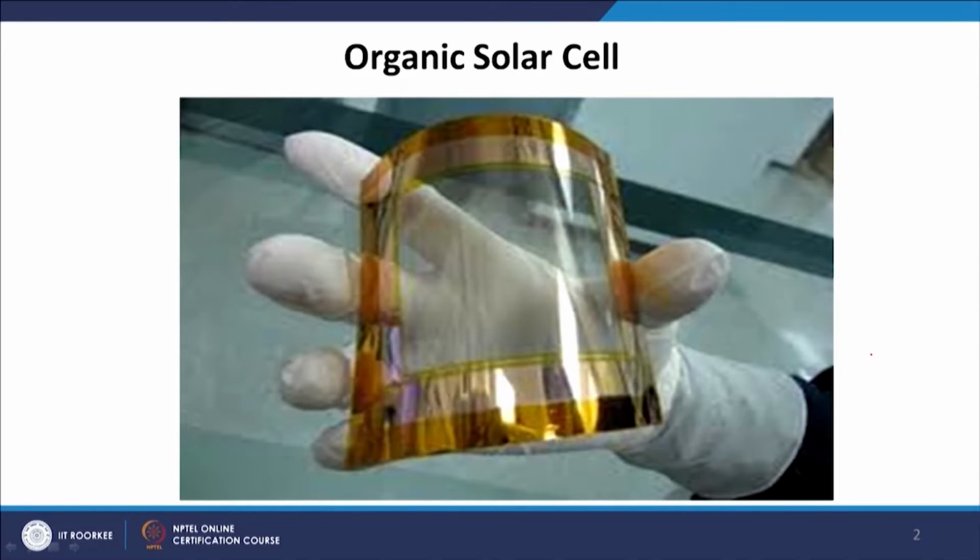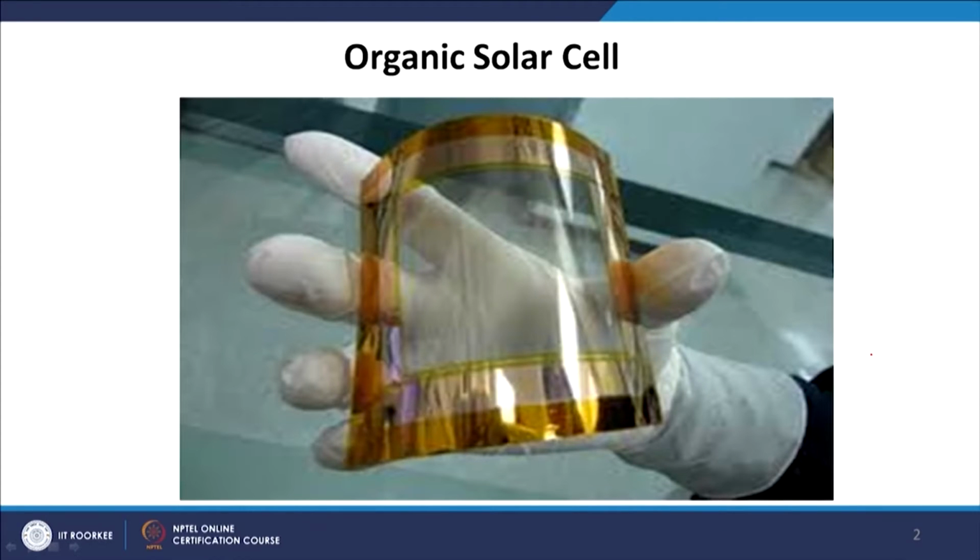As you can see from this picture, this is an example of an organic solar cell. Looking at this picture, some facts immediately come to mind: we can fold this solar cell, so it is flexible, and as you can see from the figure, it is transparent, so light can transmit through it.